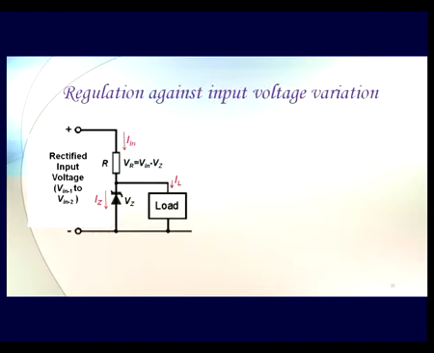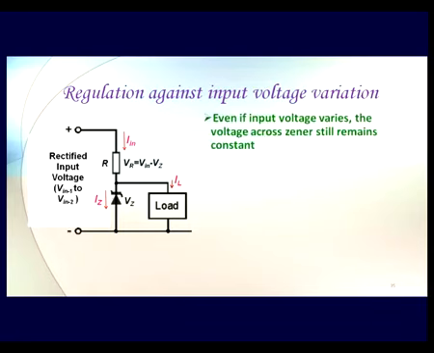So this is what we considered about load regulation, the correction that we get when the load is changing. But we can also have the rectified input that we are getting being unregulated. Say it varies between Vin1 to Vin2. It can be any value, because of the change in the input supply itself.